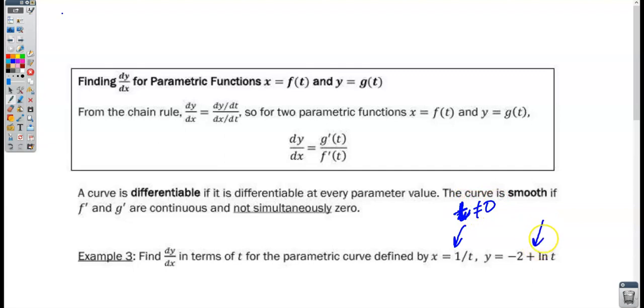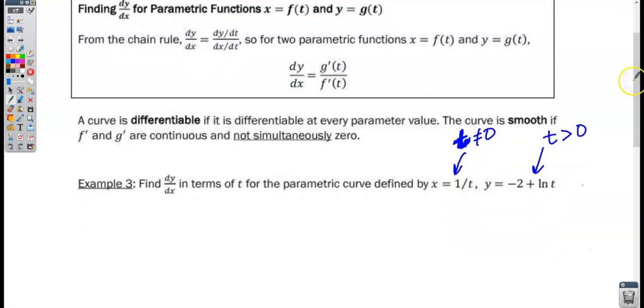And the domain of y is that t has to be greater than 0, since the natural log has to have an argument greater than 0. And so the domain of this entire function is the intersection of these two individual domains, which is t greater than 0. All right, let's go ahead and start finding derivatives.